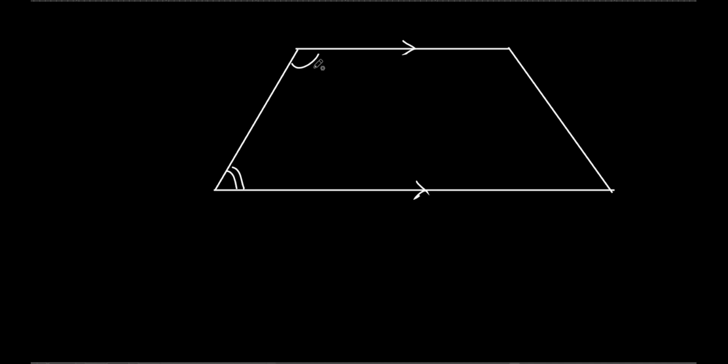Now, did you say the opposite sides are equal? Look at it though. What kind of angle do we have here? It's obtuse. This is acute. Do you think the opposite angles are equal? No. It is true about a parallelogram.